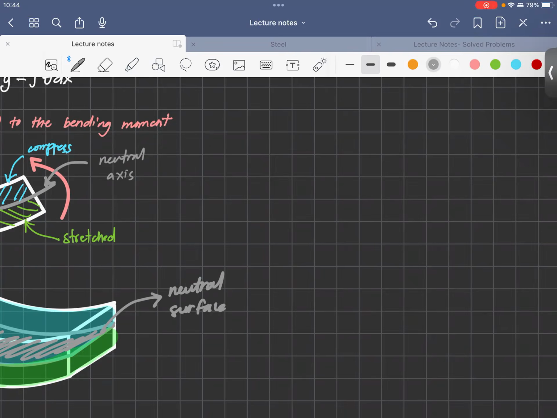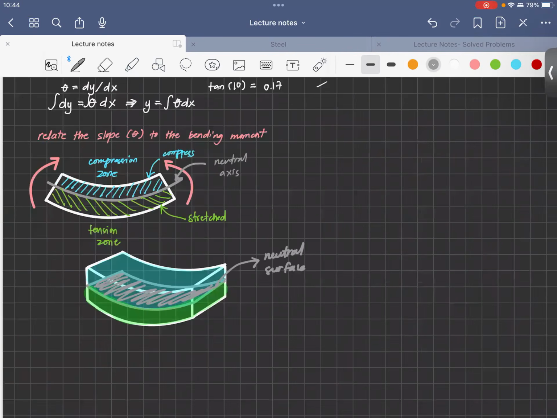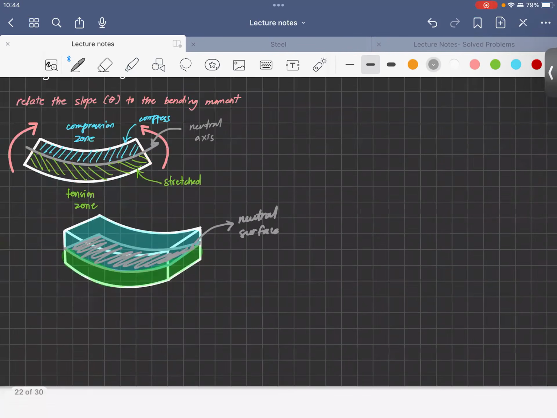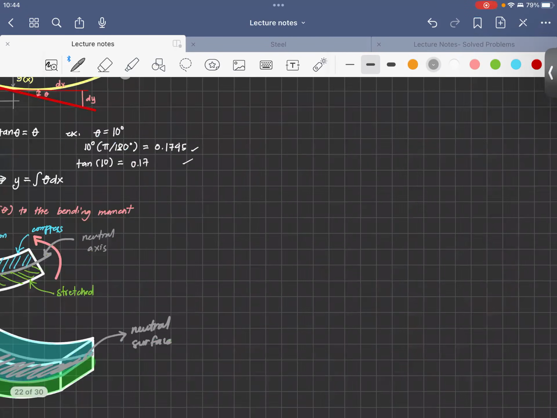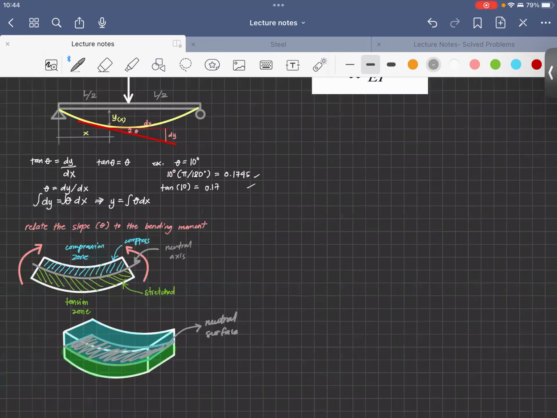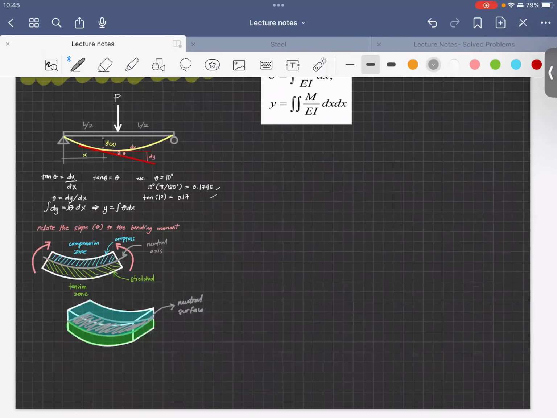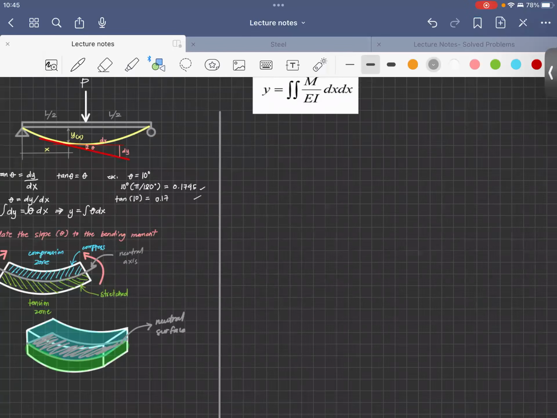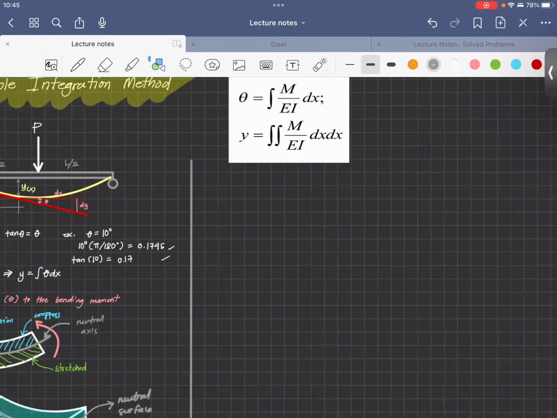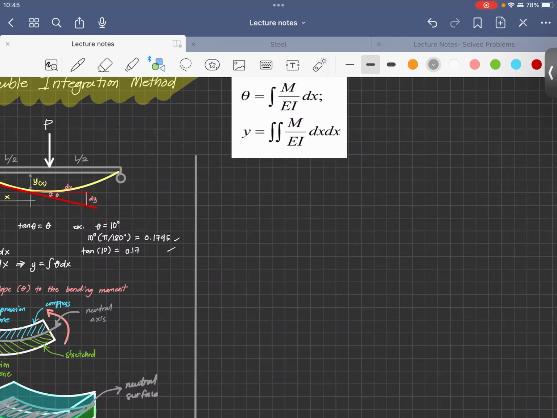So I'm going to make a mathematical relationship between the slope and the geometry of the deformed shape of the beam.